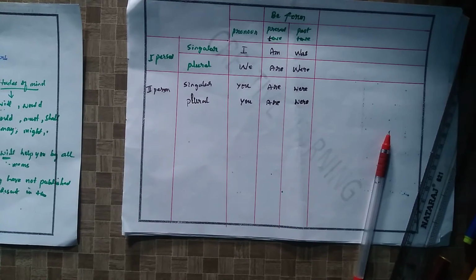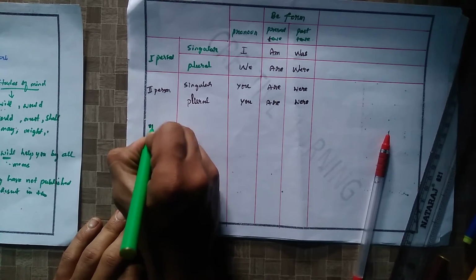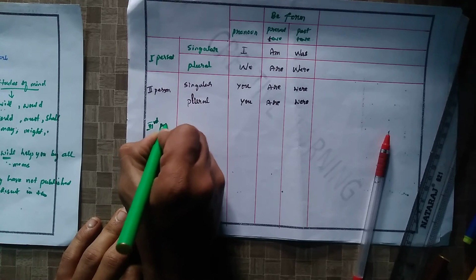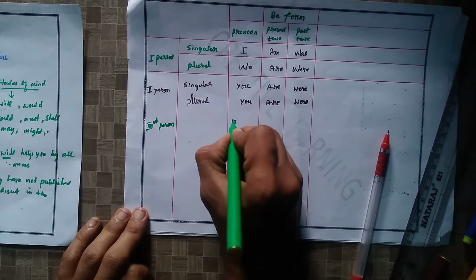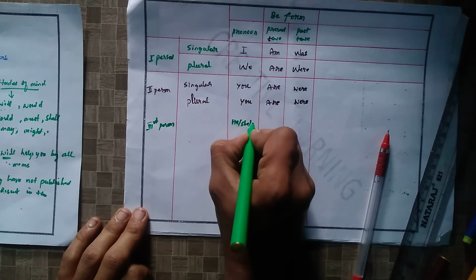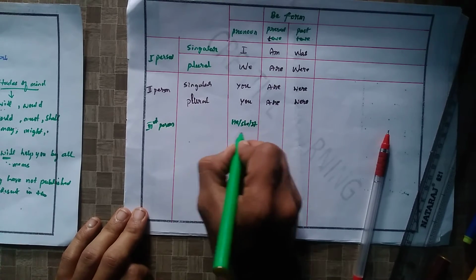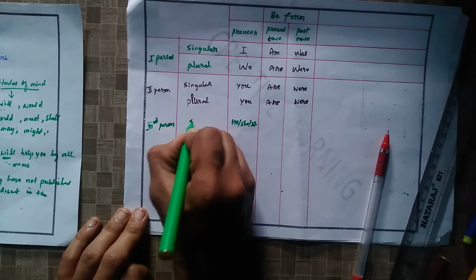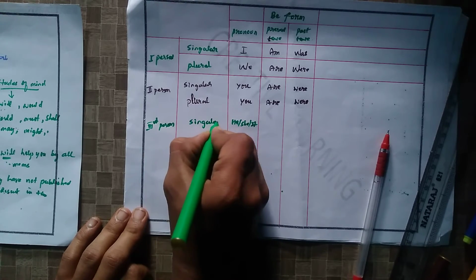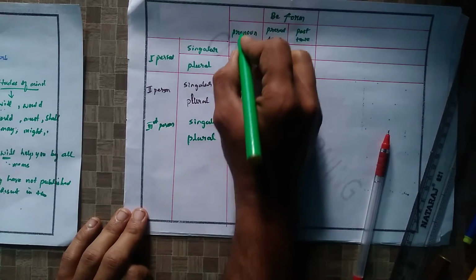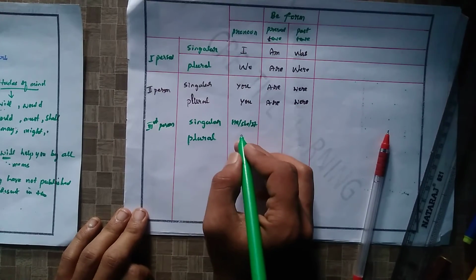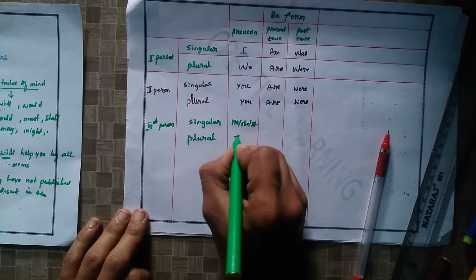Similarly, for the third person we use he, she, it for singular, and for plural we choose the pronoun they.